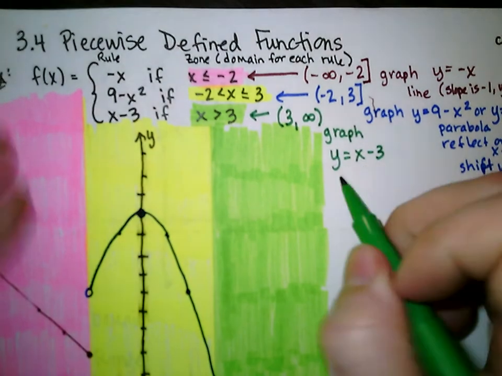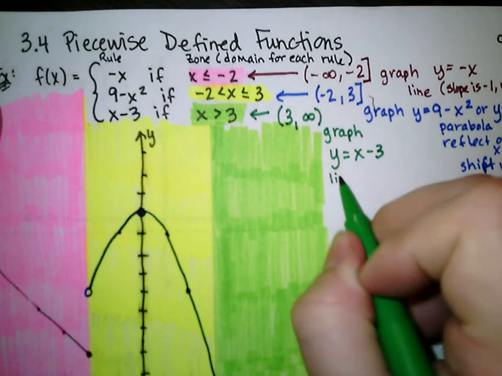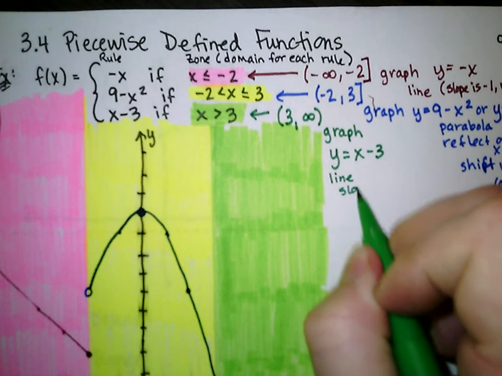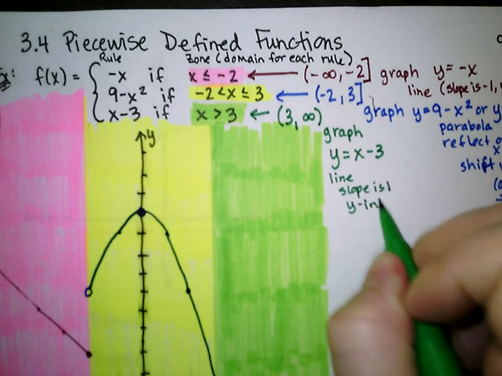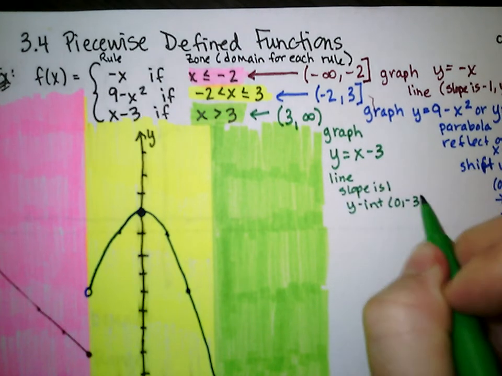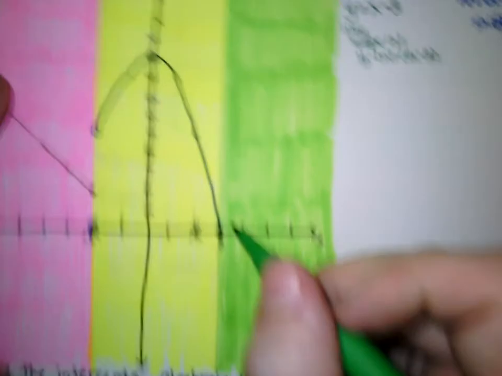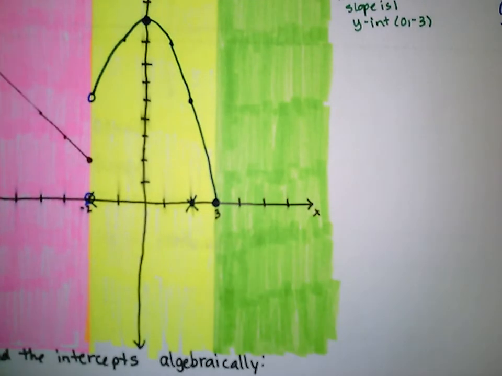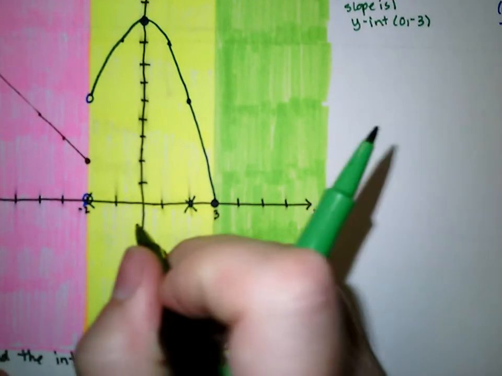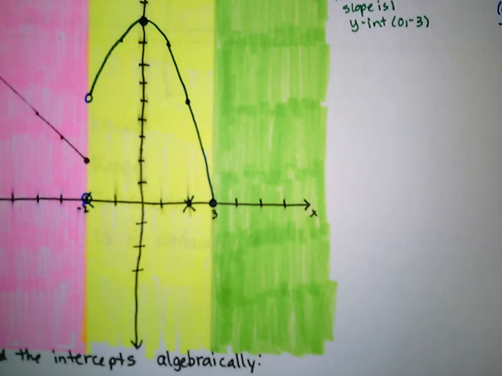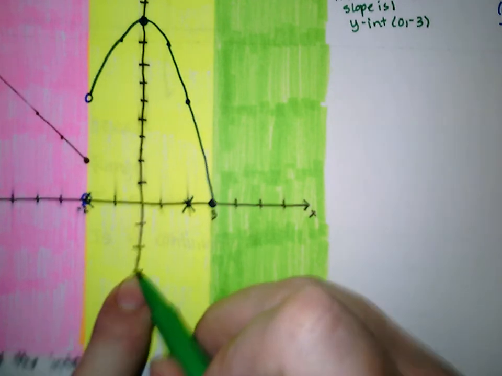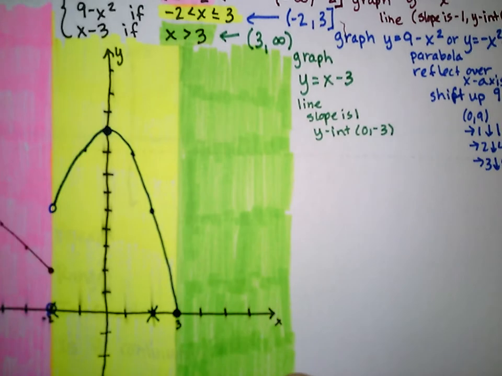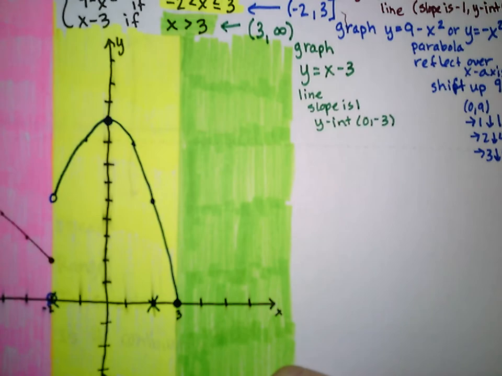And that, again, is a line with the slope of 1 and the y-intercept of (0, -3). So I'll go to my y-intercept of (0, -3). And I don't get to put a dot there because it's not the correct zone.